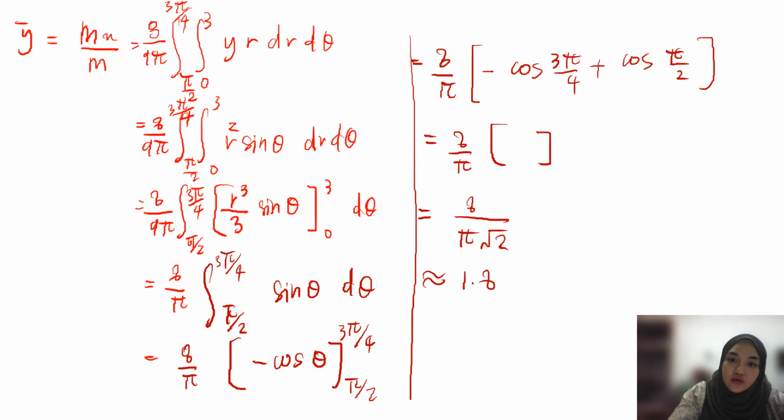So therefore we can conclude that our coordinate would be 0.75, negative, no, there's no negative, 1.8. This is our coordinate for x bar, y bar.